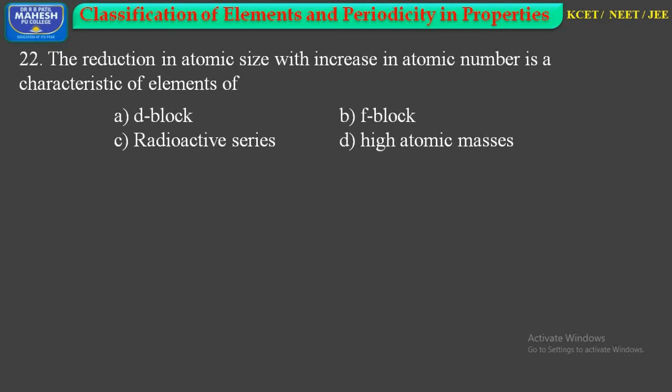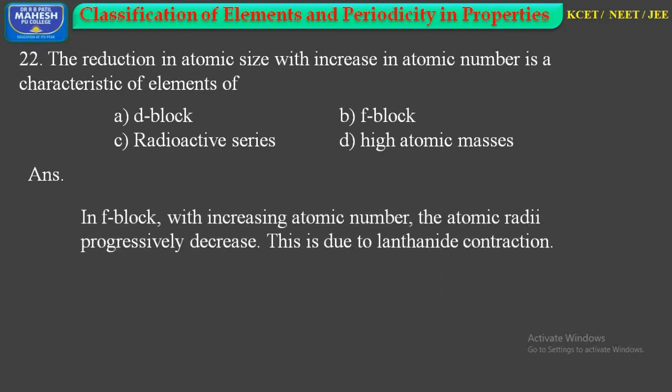Students, in F block with increasing atomic number, the atomic radii progressively decreases, and this is because of lanthanide contraction. So option B is the right answer.